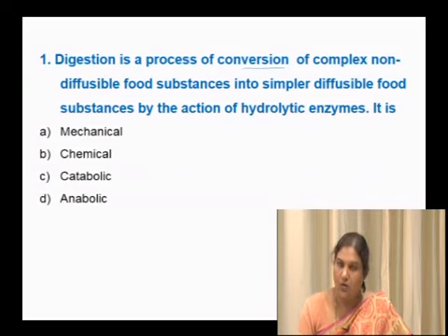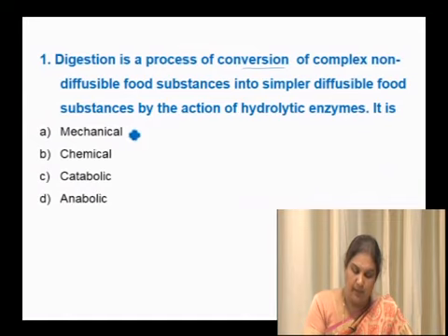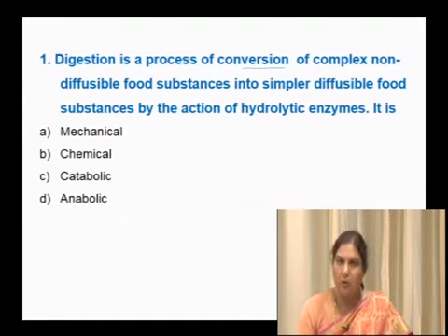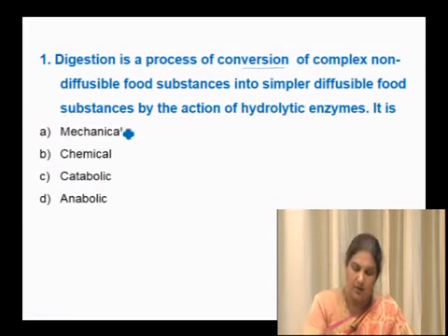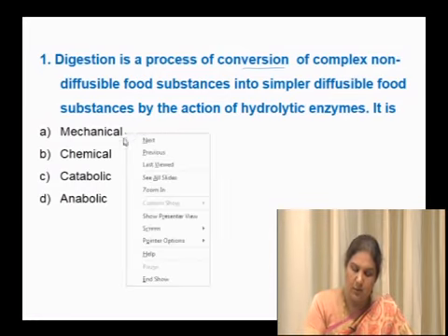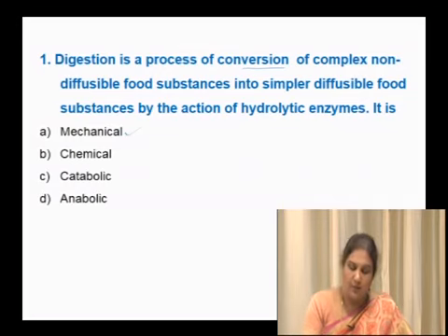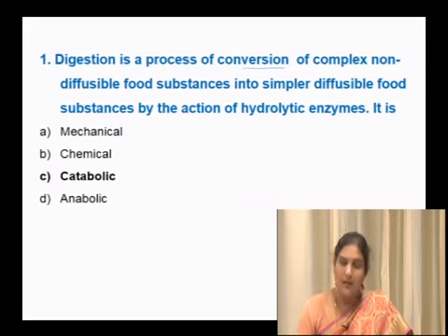It is, options go like this: mechanical, chemical, catabolic, anabolic. Of course, digestion is by both mechanical as well as chemical process, but very important is it is through a catabolic process that there is conversion of the non-diffusible food substances into the simpler diffusible food substances.